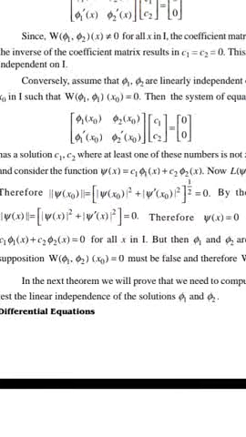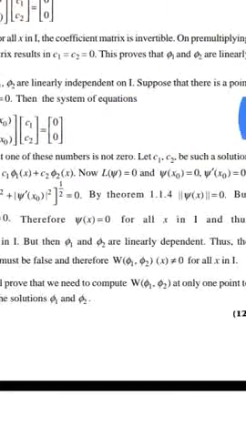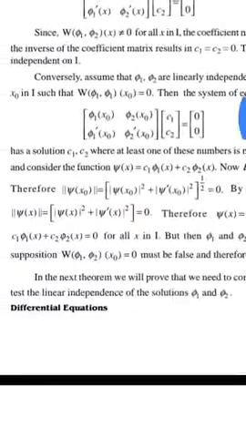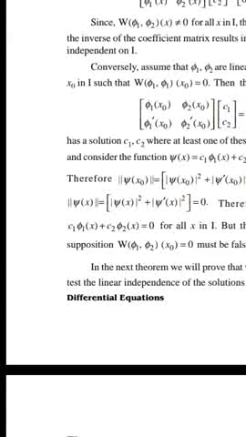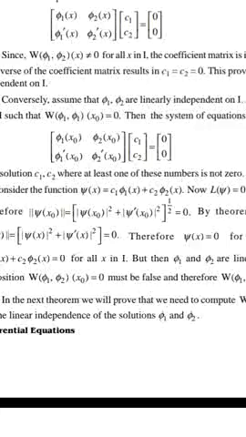Conversely, assume that phi1 and phi2 are linearly independent on I. Suppose that there is a point x0 in I such that W(phi1, phi2)(x0) is equal to 0.